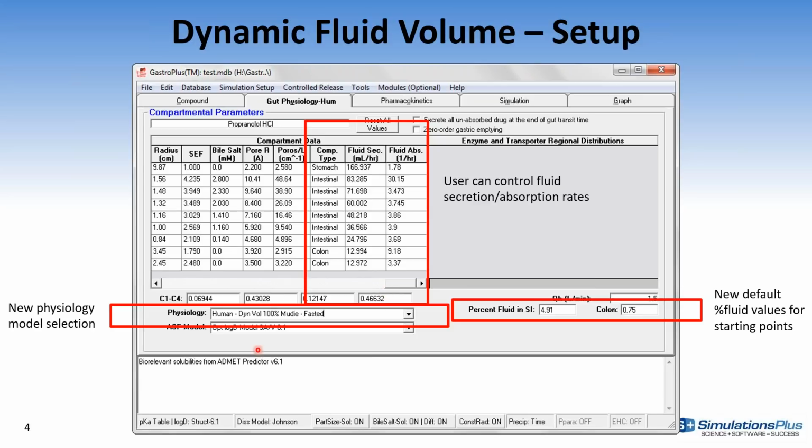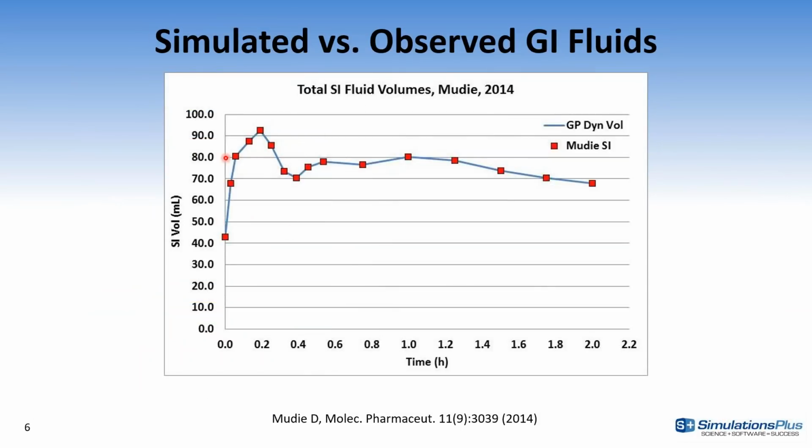At the moment, it is implemented as additional physiologies with dynamic fluid volumes, where the baseline volumes in the intestine and colon are defined at more physiological levels, and the fluid secretion and reabsorption rates throughout the intestine were parameterized to match the reported observed profiles of changes in the volumes throughout the intestine and stomach with time after taking a glass of water and so on.